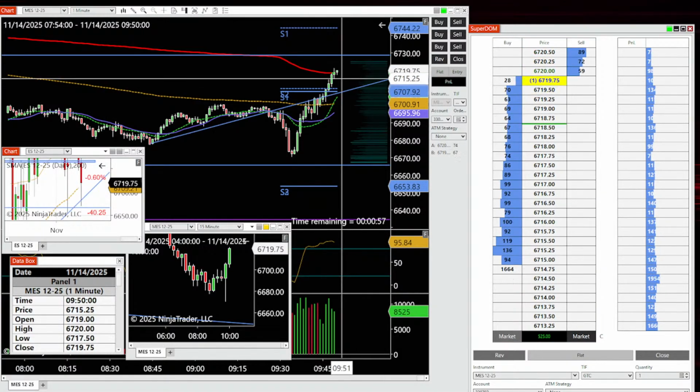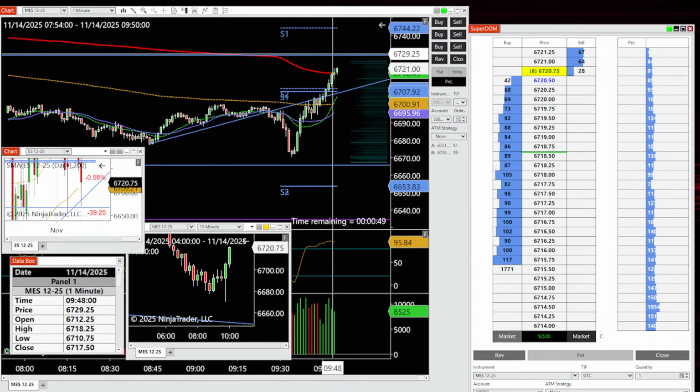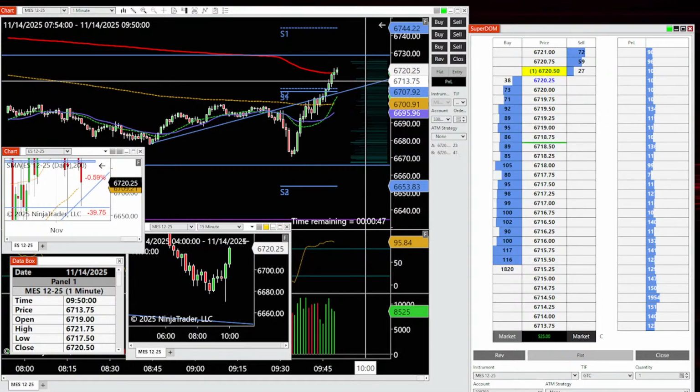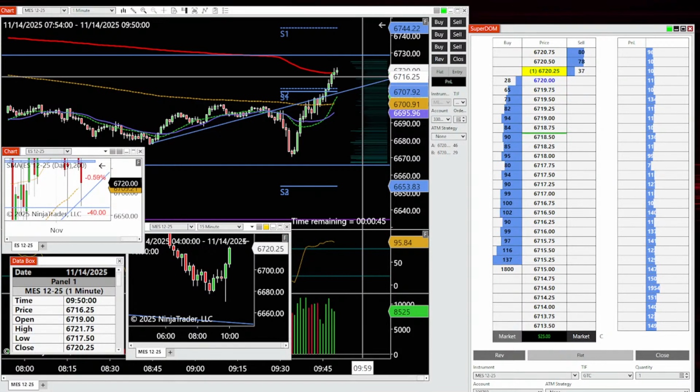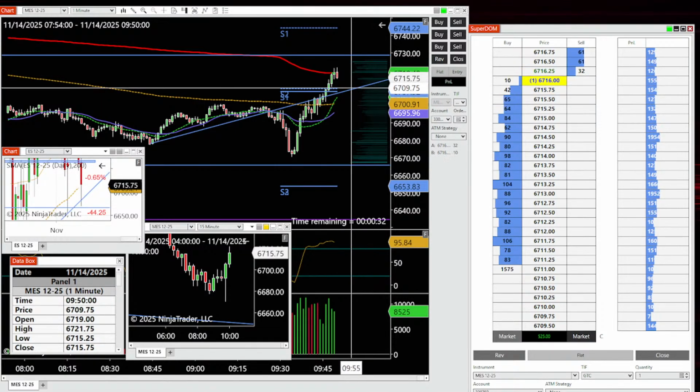And it might turn. I don't know how far it's gonna run. It might keep breaking below VWAP and come back down into the support area 09.